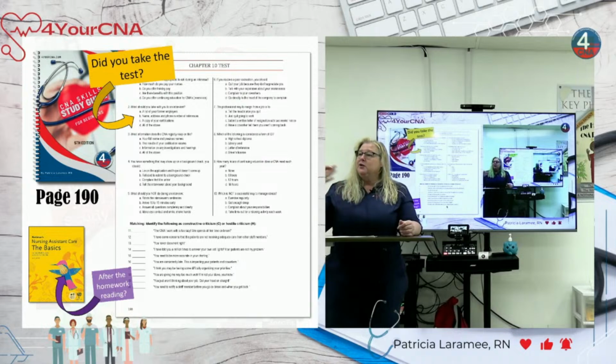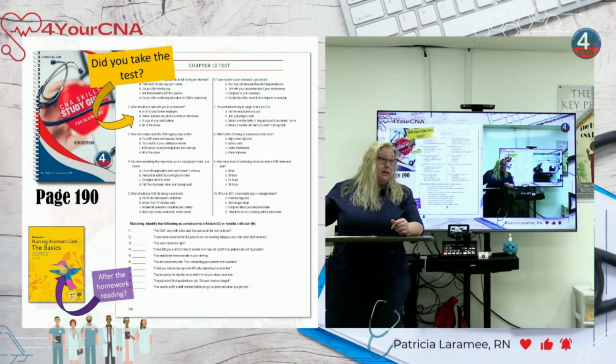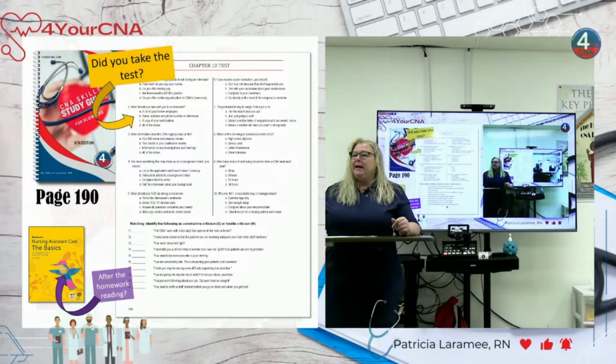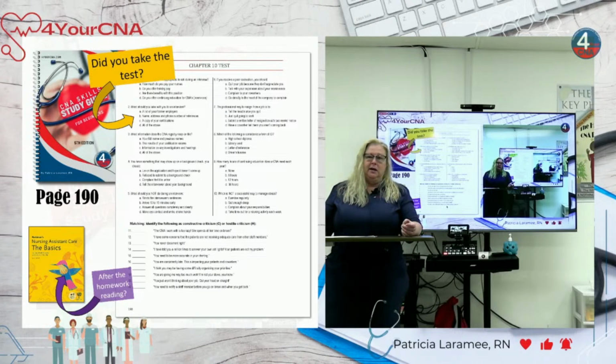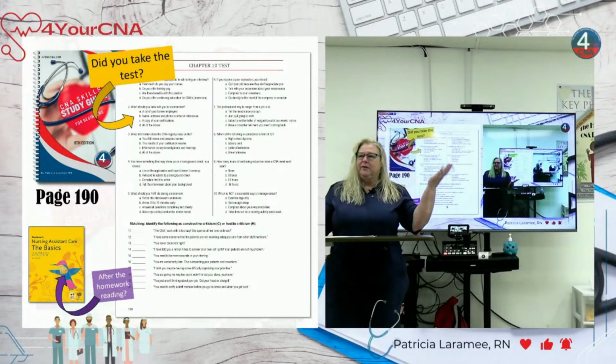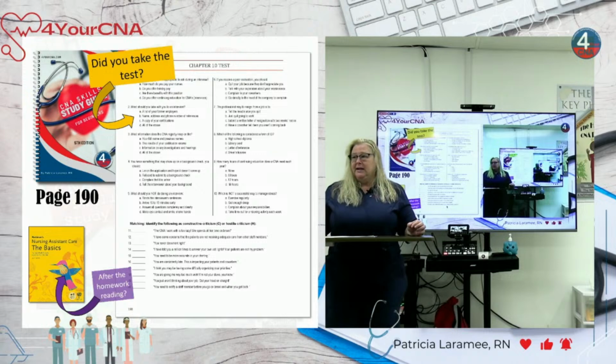So if we understand that, we understand that every call light has a purpose. We've got to stop looking at them as nuisances and take each one seriously. Over time, it's very easy to get very jaded with call lights and start overlooking them. Be careful with that, because every call light could indicate an emergency.